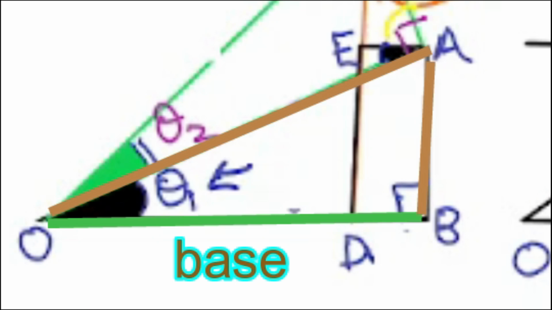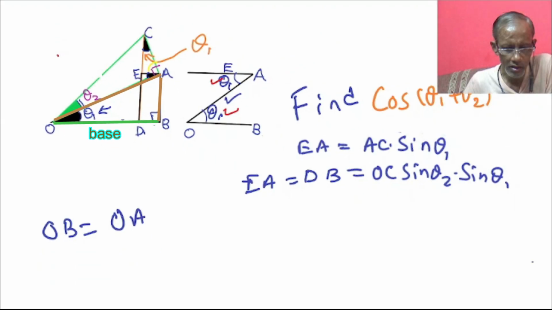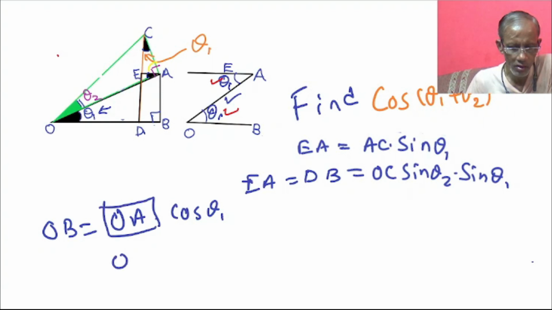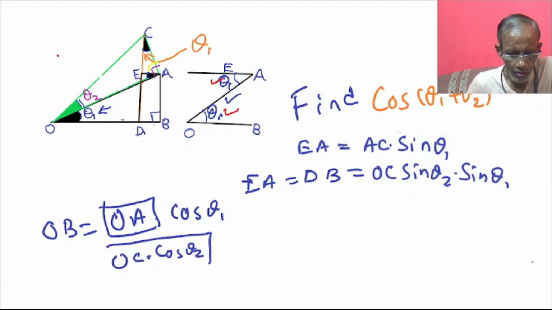OB is the cos component of the hypotenuse OA. OA into cos theta 1. OA is also equal to the base of the second triangle OAC, equal to the hypotenuse OC into cos of theta 2. That is to be multiplied again with cos theta 1.